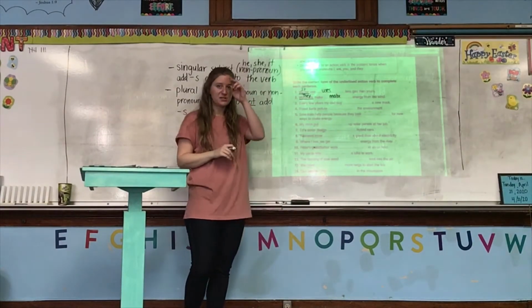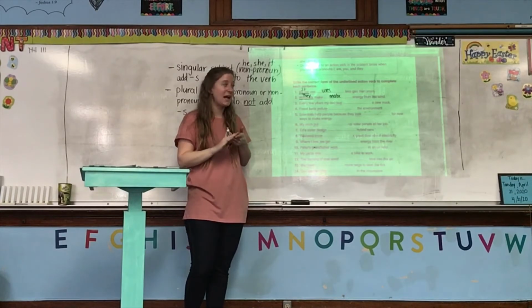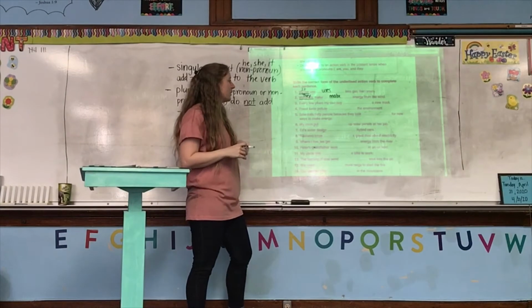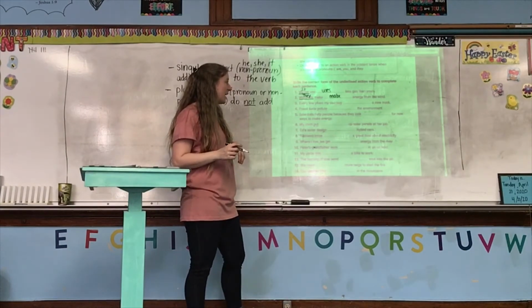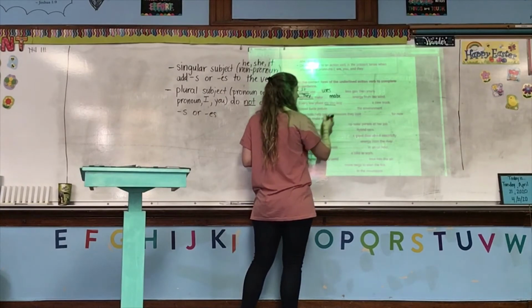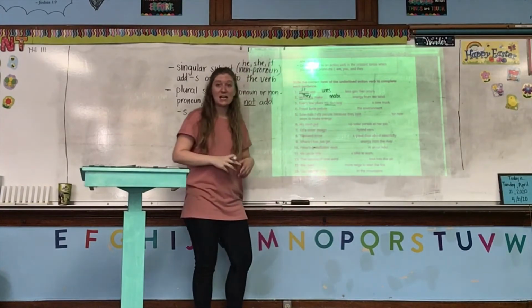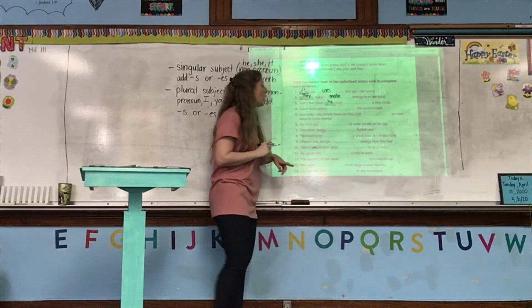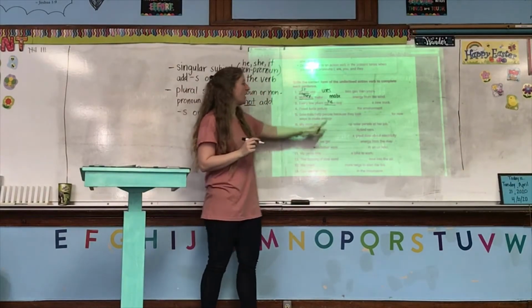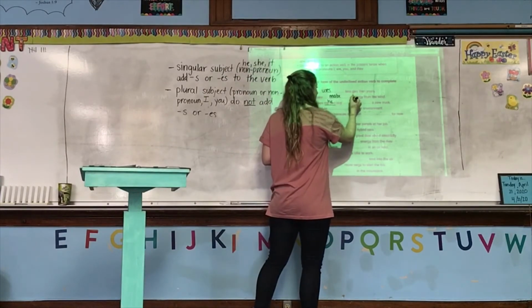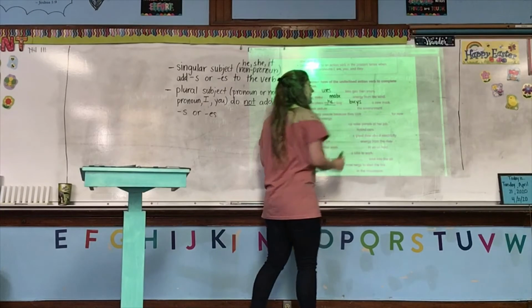Whenever we have a plural subject, whether it's a pronoun or a noun, we do not add S. Number 3, every few years my dad buy a new truck. Well, my dad is the one doing the action, so that is the subject. My dad is a man, so we would replace it with he. We know if we have he, we add an S or an ES, so every few years he buys a new truck.